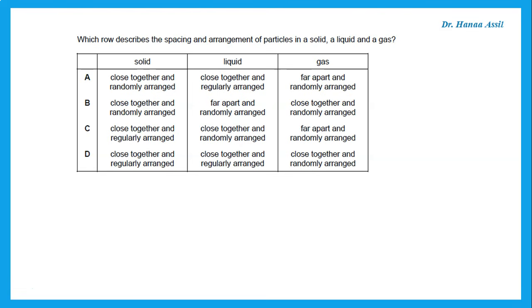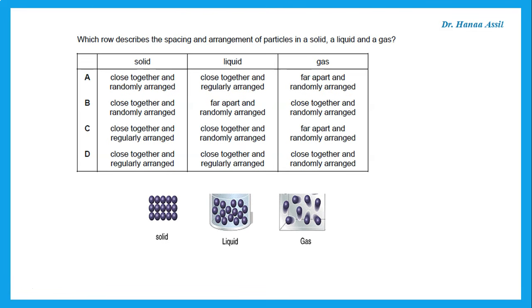Which row describes the spacing and arrangement of particles in a solid, a liquid, and a gas? Again, if we remember, solids, liquids, and gas. First of all, for a solid, my options are they are close together and randomly arranged, or they are close together and regularly arranged.